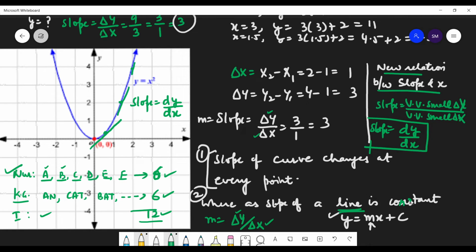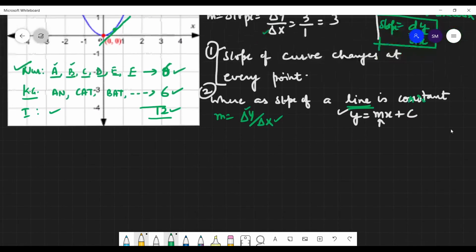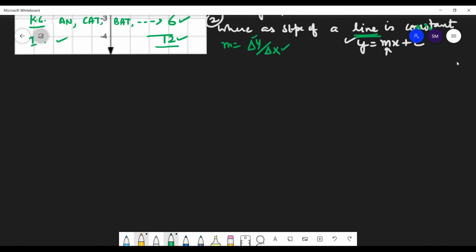What is the relation if I'm changing x by 1 unit, how much will be the change in y? Okay students, so in a very simple way, slope means dhal.